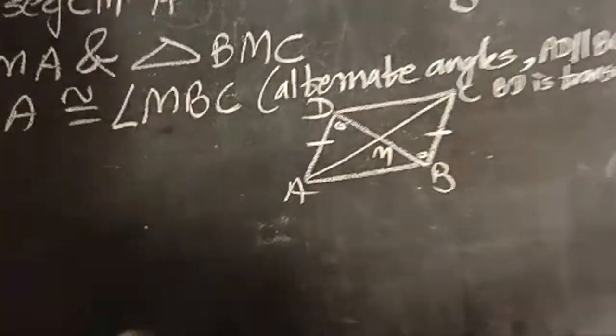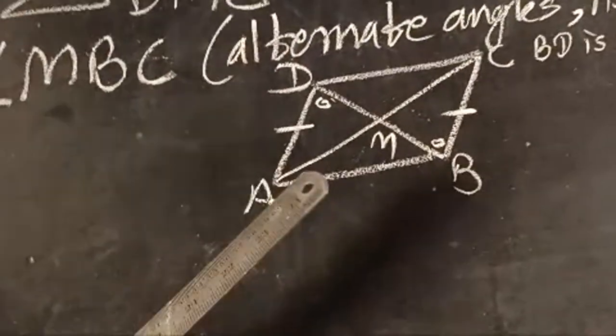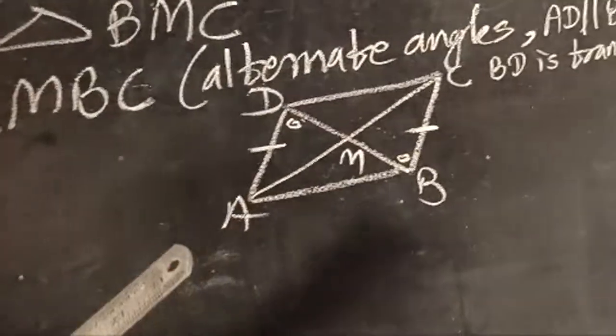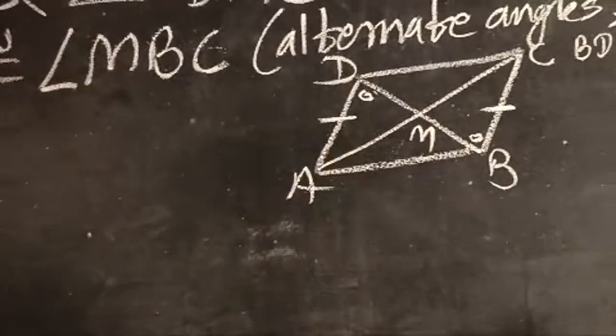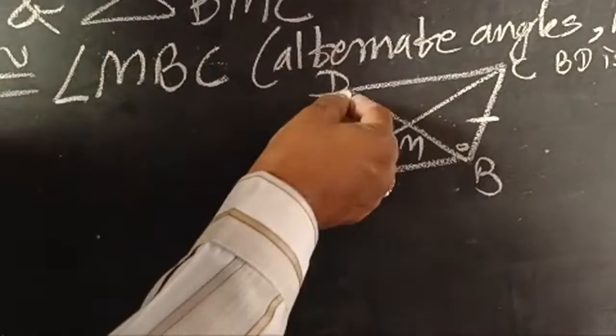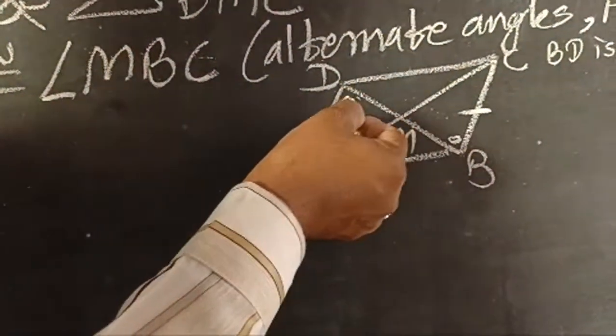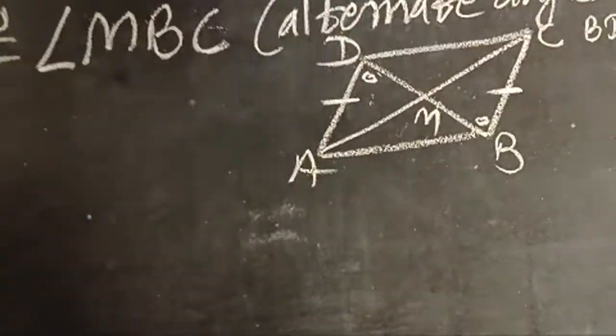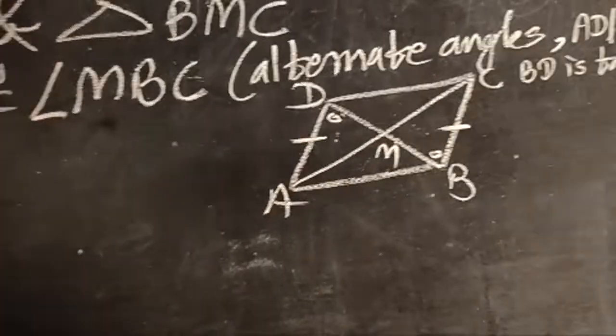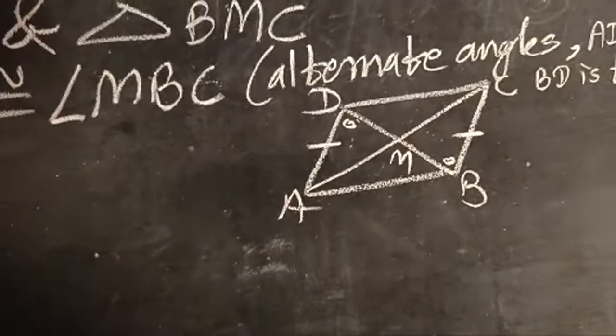The third condition is, see in the figure, angle DCM. We want this triangle and you go to the second triangle. Your track is wrong.